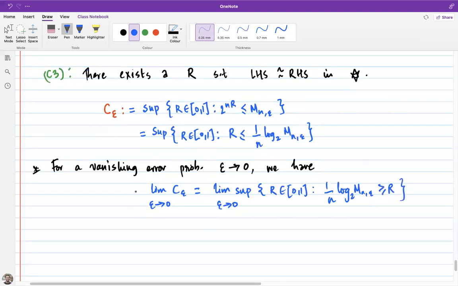Okay. And the limiting value of the C epsilon is popularly known as the capacity.